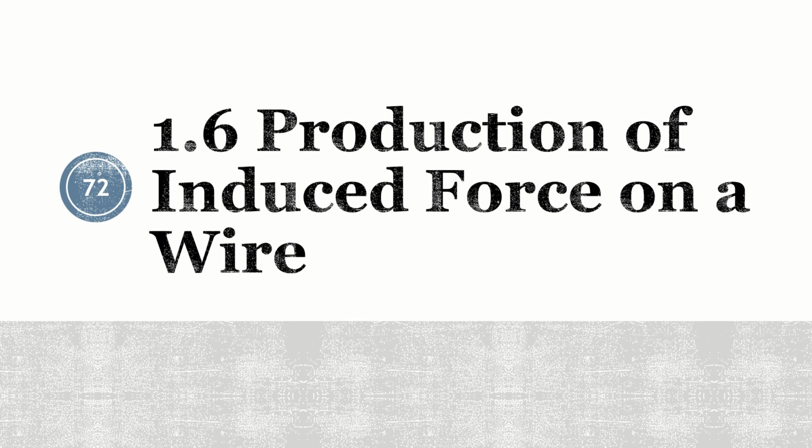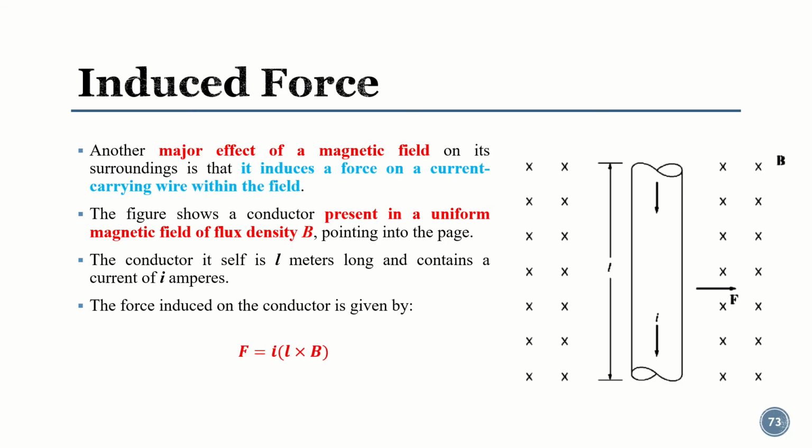production of the induced force on a wire. So we have learned that if the flux is changing, it will induce a voltage in a wire, for example, if a wire is present in that changing flux. Another effect of the magnetic field is that it will induce a force on a current carrying wire.